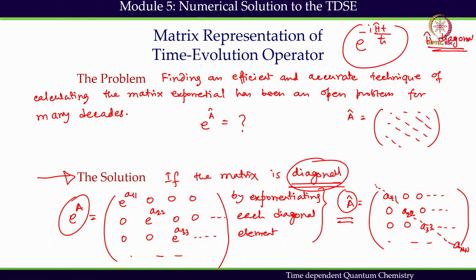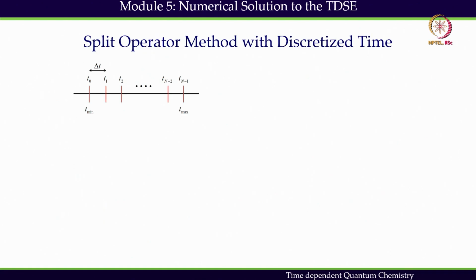The moment we get that, we will be able to use this trick to get the time evolution operator. So, that is going to be our target, but that target cannot be achieved very quickly.